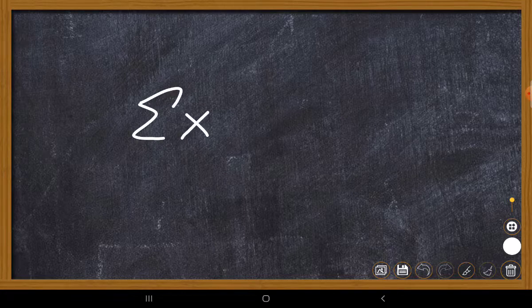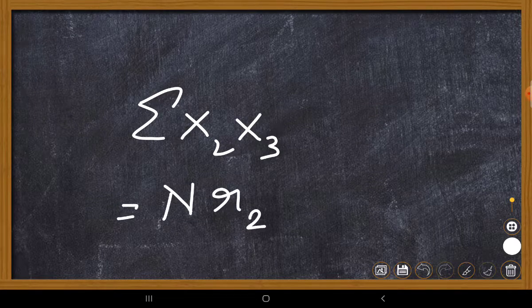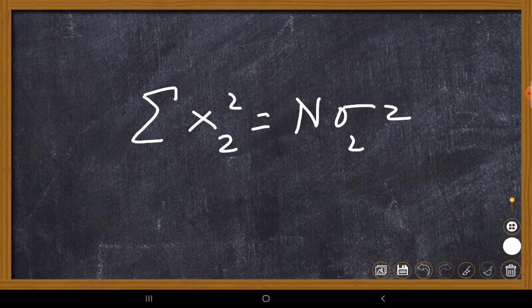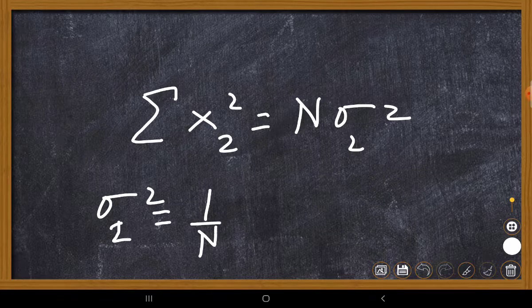So you just have to check properly all those terms and what to replace them with. Even for summation x2 x3, I think you can understand this can be written as n r23 sigma 2 sigma 3, like that, okay? And for the square terms, like summation x2 square, you can simply write this as n into sigma 2 square, because we know that sigma 2 square is nothing but 1 by n summation x2 square, okay?